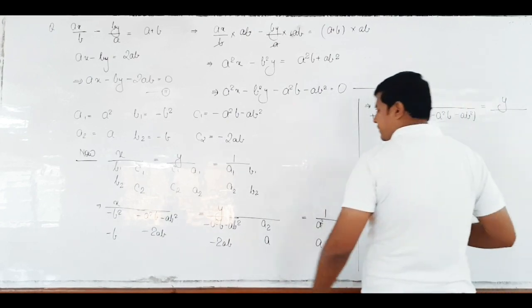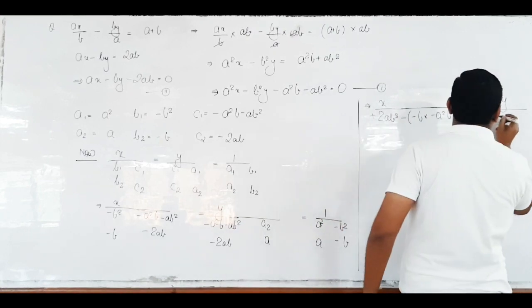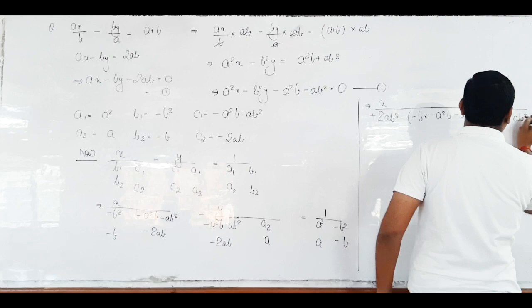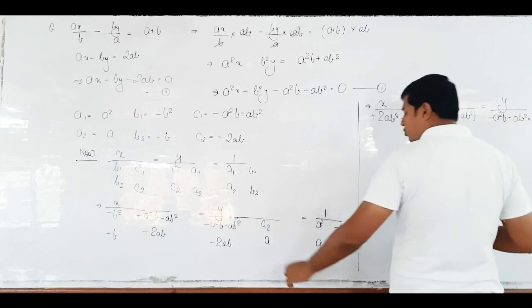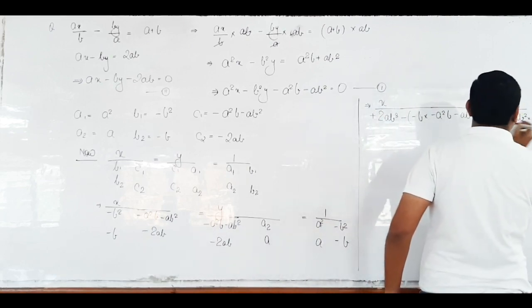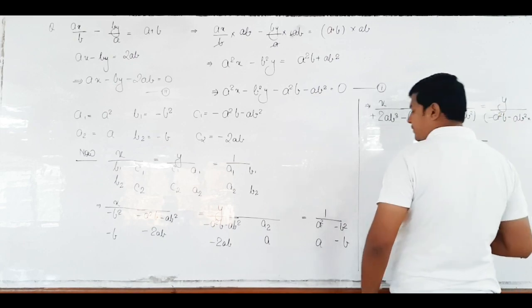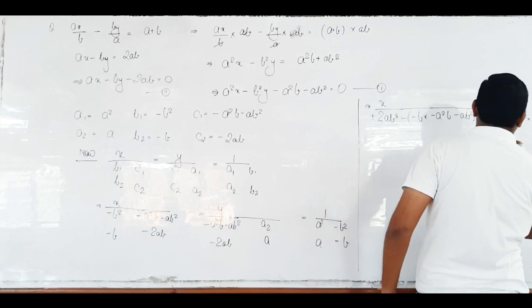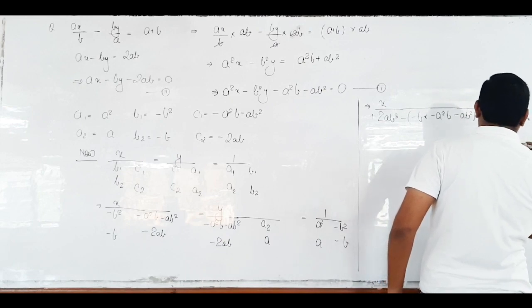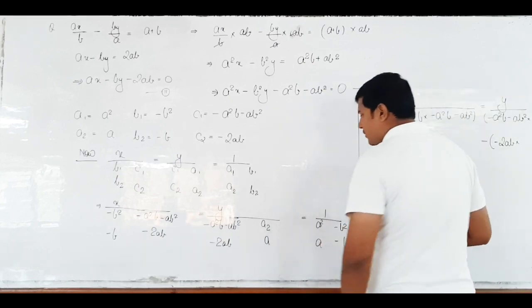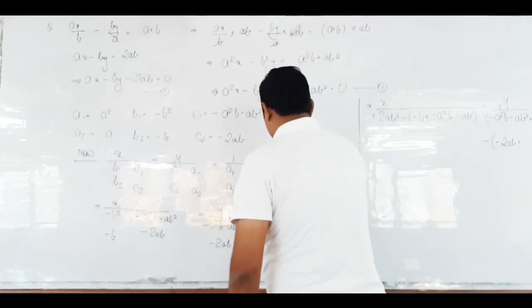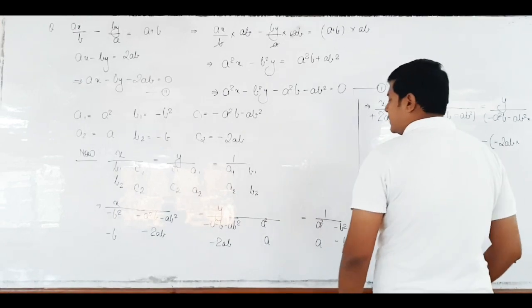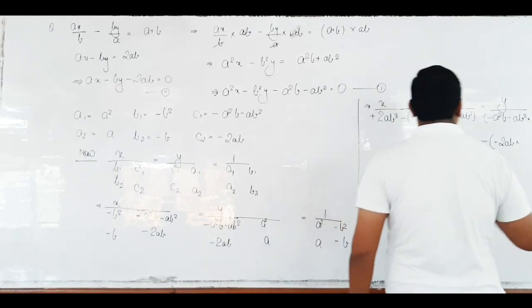Y by minus a square b minus ab square into a, minus 2ab into a square.